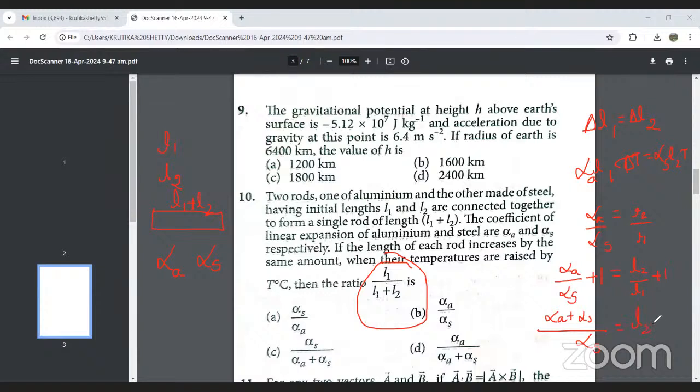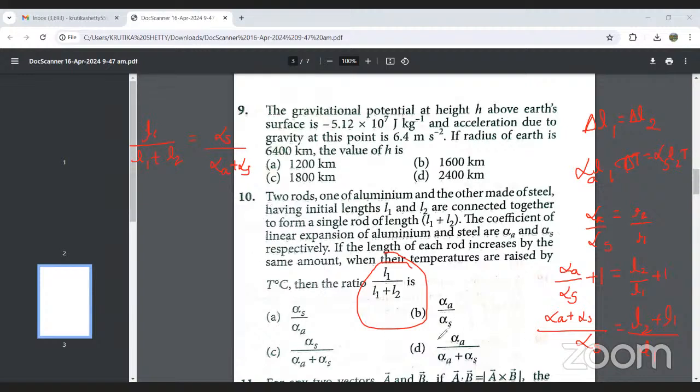If I make it reciprocal, it will be L1 divided by L1 plus L2, which is equal to alpha S divided by alpha A plus alpha S. Now you can see, students, the options are given in those terms only.